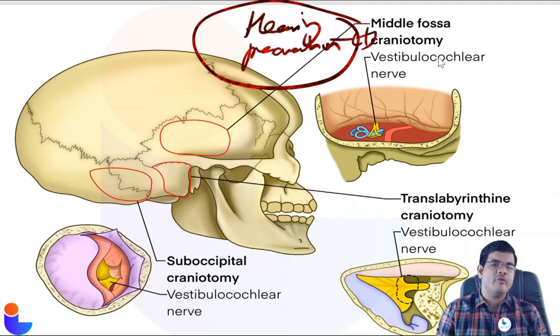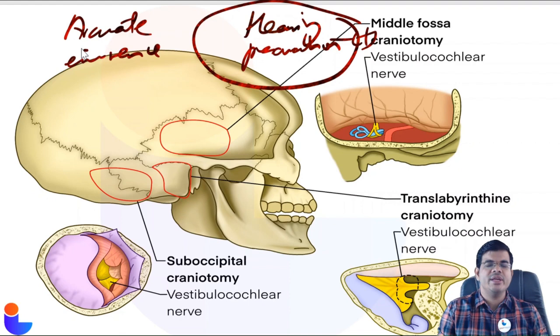When you are going for this approach, the middle cranial fossa can be identified easily by identifying the greater petrosal nerve, which is coming from the genu. Okay, that is a landmark for identifying the middle cranial fossa. Another landmark is the arcuate eminence.